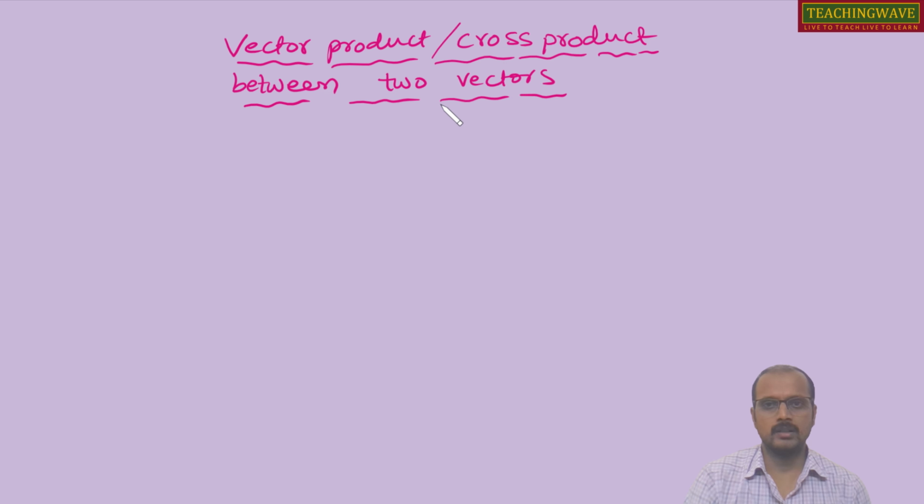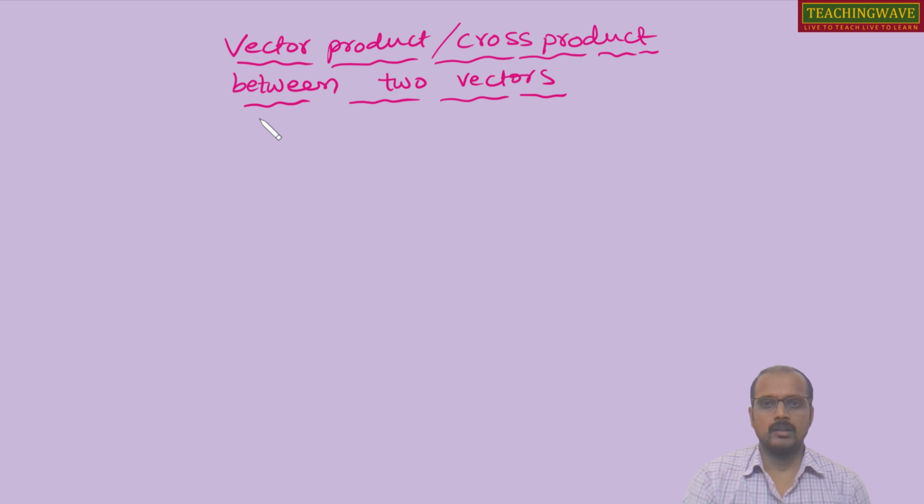If the resultant is a scalar, the product is called the scalar product. But in this session, we are going to discuss the resultant as a vector. So that product we call the vector product or cross product.